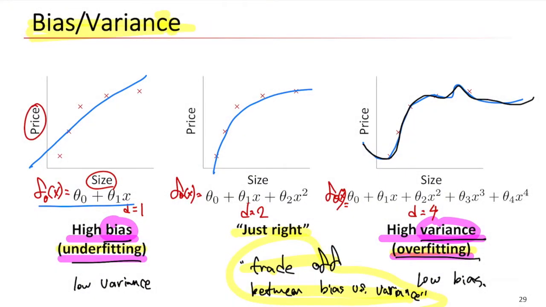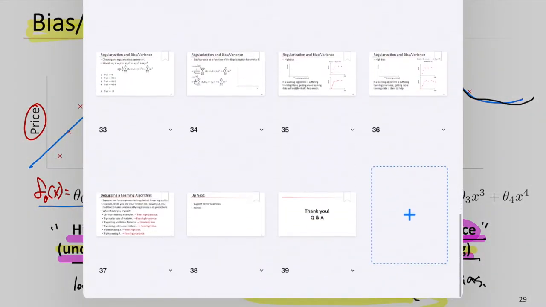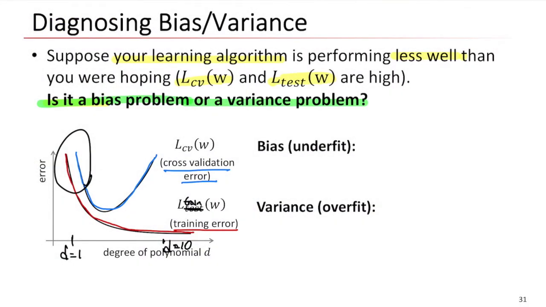So when d is equal to 1, it was the high bias problem, right? When d is equal to 4 or a much higher value, it was the high variance problem, right? If you remember this page, in this case the train error will be high because this is an underfitting problem, and the cross validation error is similar to the train error.